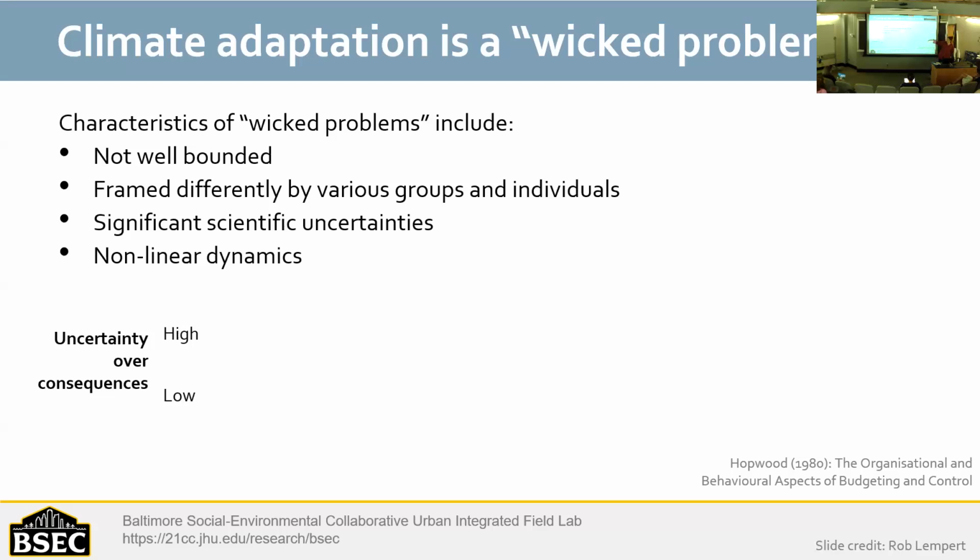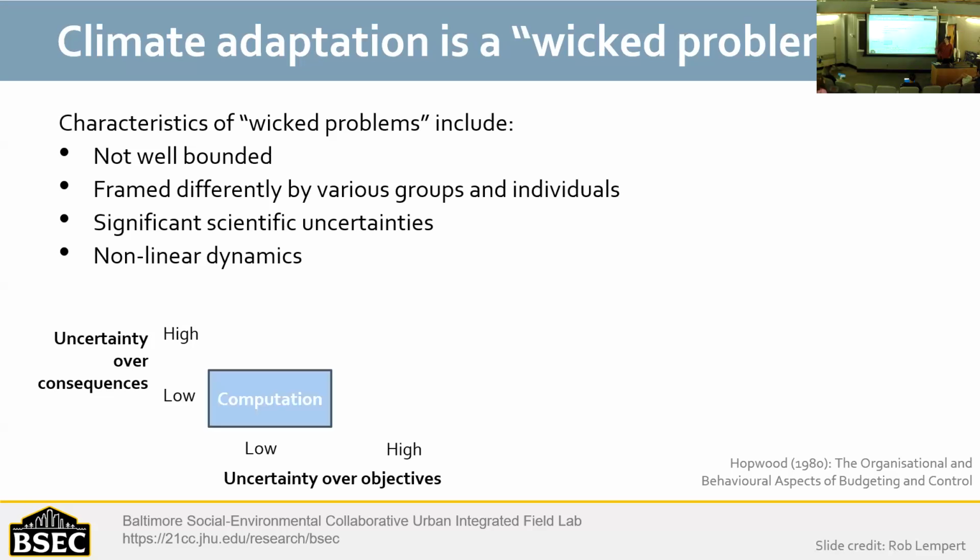So we have that axis of uncertainty. And then we also have uncertainty over objectives. What I mean there is uncertainty over values. That's typically the case for multiple groups of people, when you have multiple values at play, but it also happens with individual values. We maybe think that we value something, but we also value other things that we don't realize.